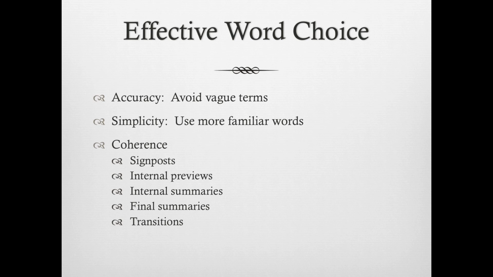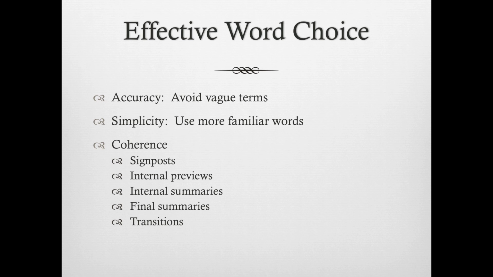So if I'm going to do a speech on baking a cake and my first point is going to be about the ingredients and supplies, I might start that point with, the first step in making a cake is gathering the supplies and the ingredients that we need. So that's what I'm going to tell you in this point. Internal summaries would just summarize what you've said in that particular point. So now that we have our supplies and our ingredients, we can start baking the cake.